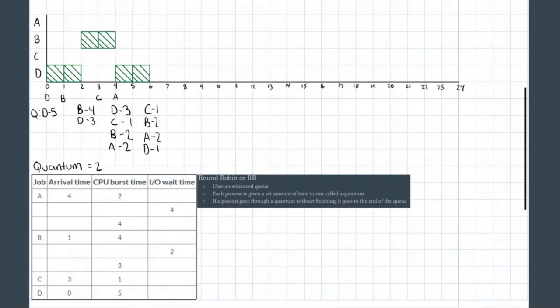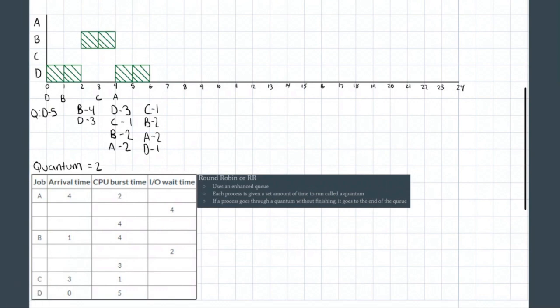Is that why? Yeah, so D was already next in line after B. So after B runs, then D automatically is next in line. Okay, thank you.